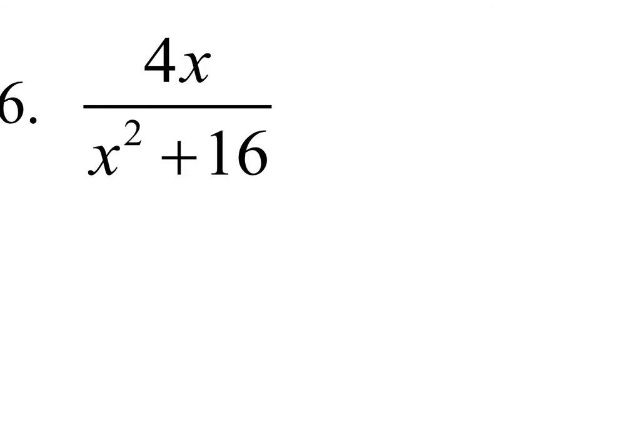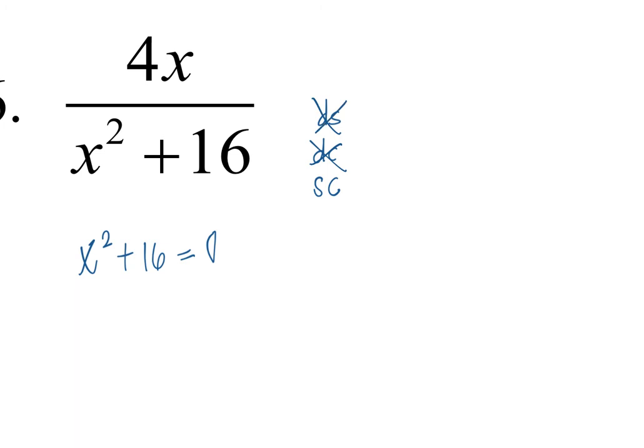Here, setting the denominator equal to 0, x squared plus 16 equals 0. Think about module 5 really quickly. You have a formula for binomials: difference of squares, difference of cubes, and sum of cubes. This is not a difference, this is a sum. But this isn't cubes, this is a square. There's no formula for sum of squares.